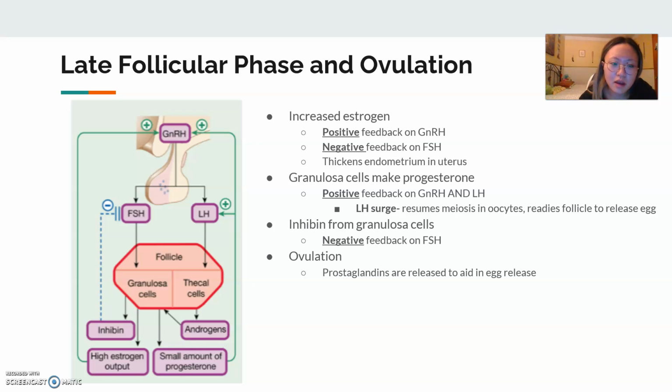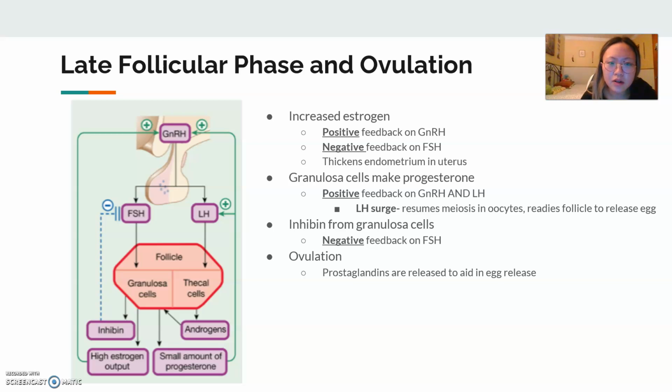And from there, the granulosa cells also produce progesterone, which has a positive feedback effect on GnRH and LH. So all of this is just trying to induce the LH surge, which resumes meiosis in oocytes and readies the follicle to release the egg. So it's really readying the egg for ovulation.